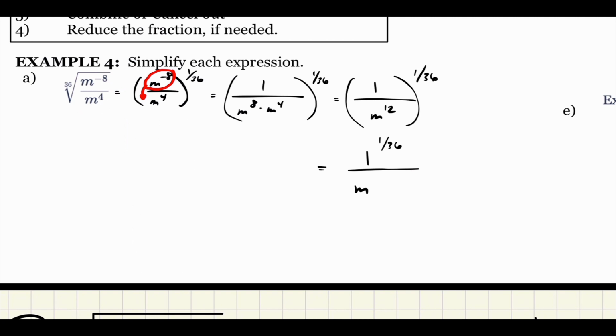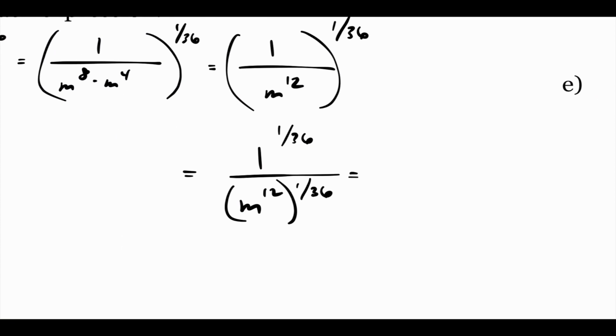The bottom is going to have a 1/36 power. One to any power, positive 1 to any power, is always going to be just 1.